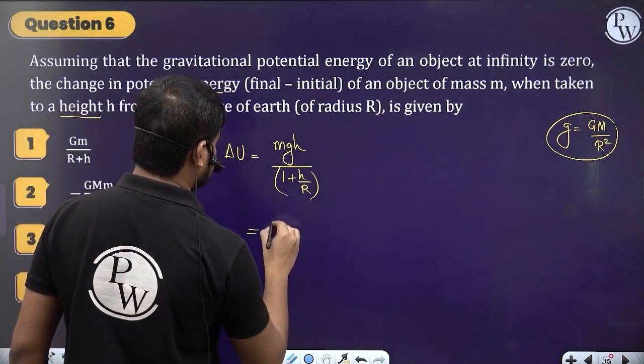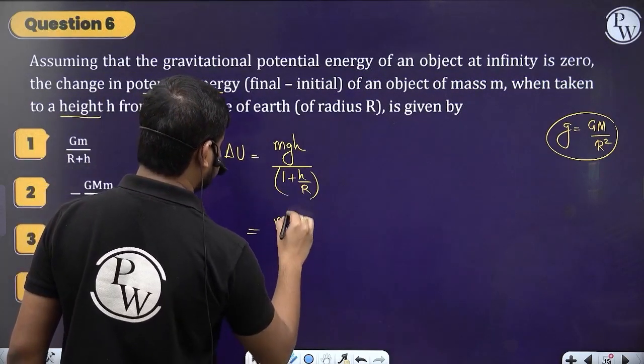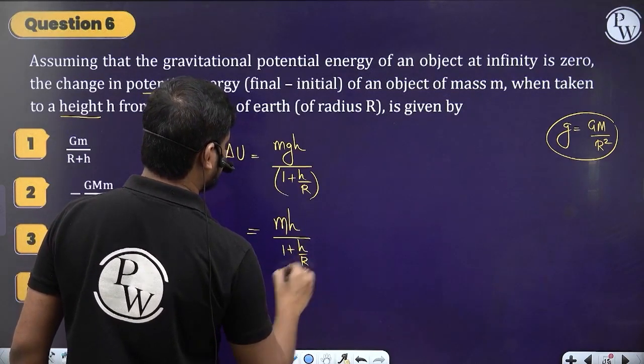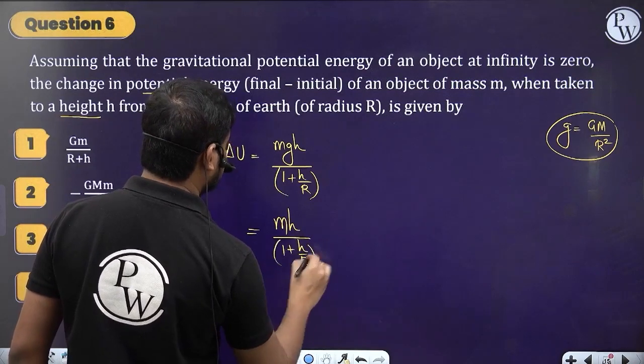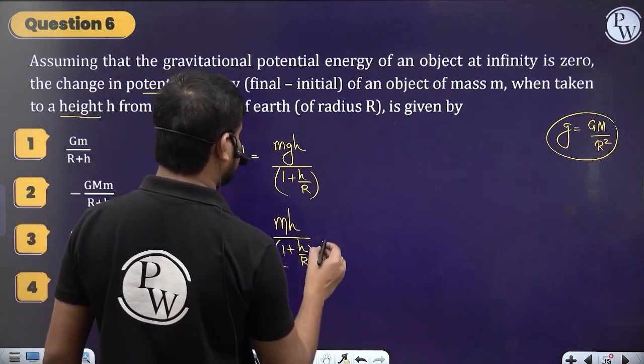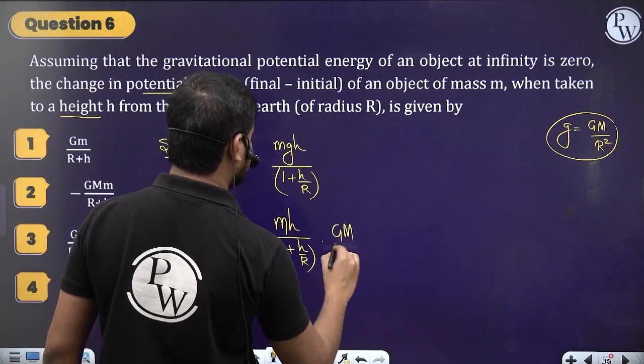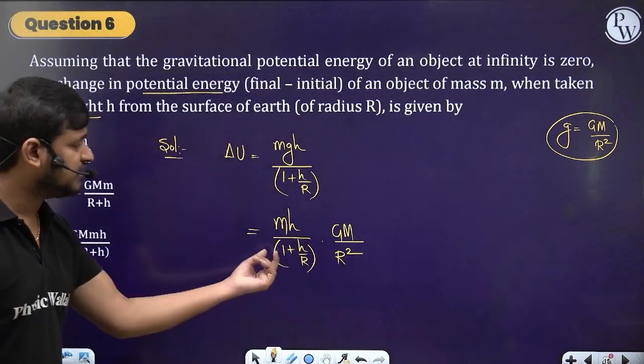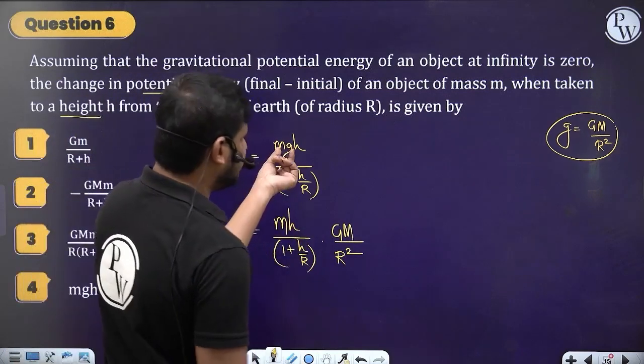So m into h by 1 plus h by r, into, in place of small g, we can write GM by r square.